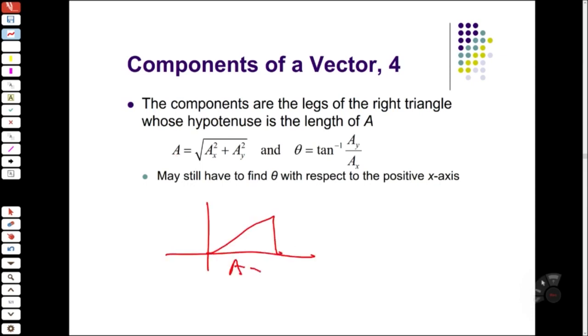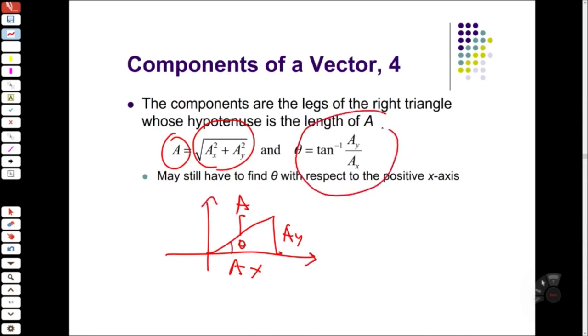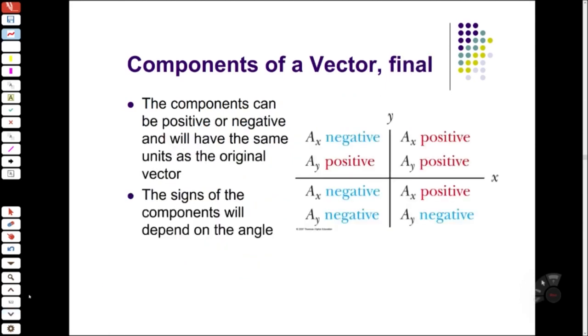This is Ax and this is Ay. So the magnitude of A, according to the Pythagorean rule, should be like this. The angle that it makes with respect to the x-axis is given by this, Ay over Ax. The components can be either positive or negative. So here Ax and Ay are positive. Here Ax is negative, Ay positive; here both negative; here Ax positive, Ay negative.